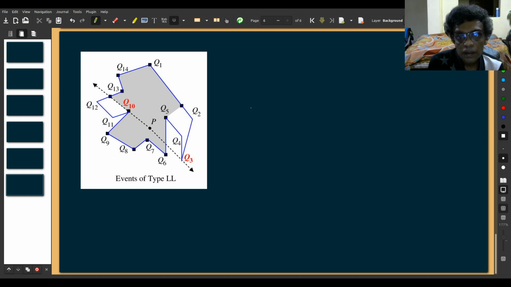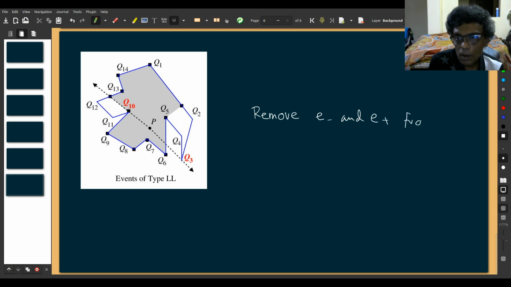So you have to remove or delete both E minus and E plus from S. But before removal, both E minus and E plus were active. So do this thing before removal.